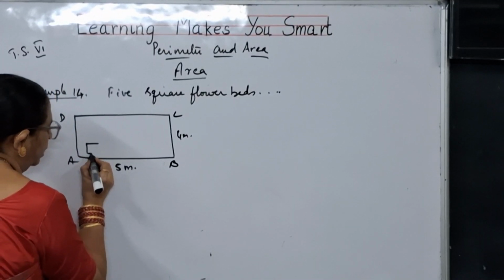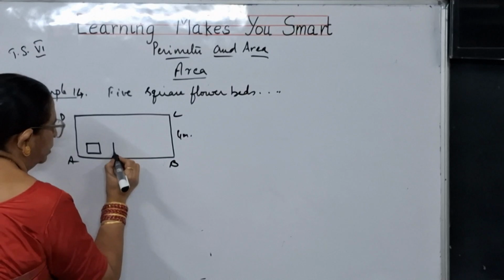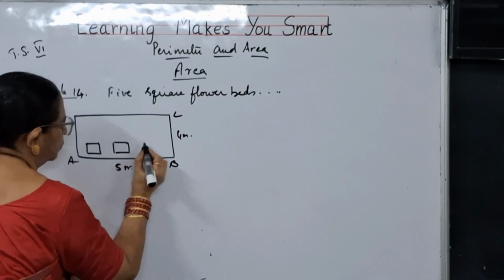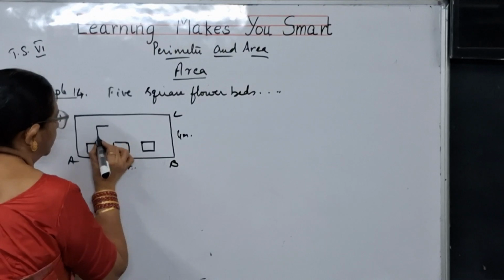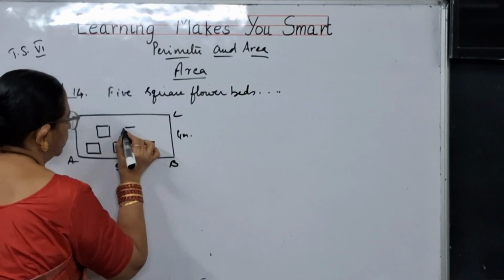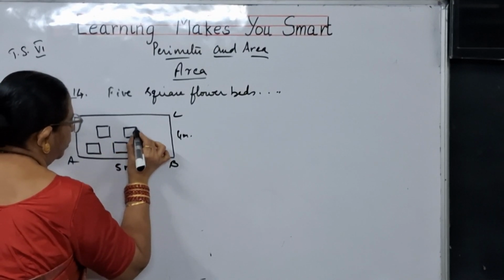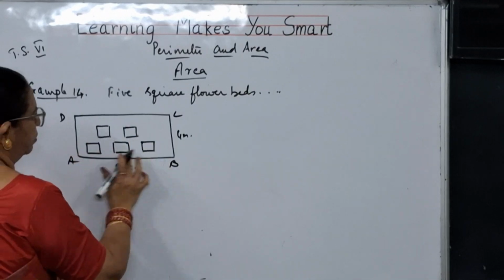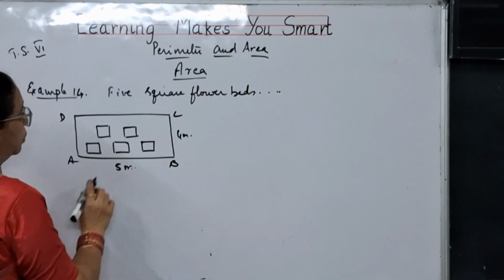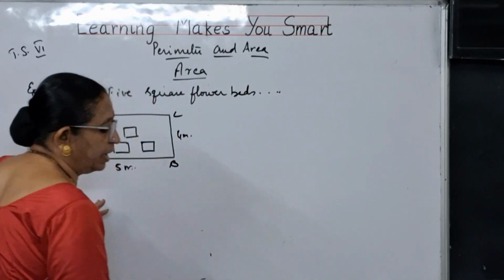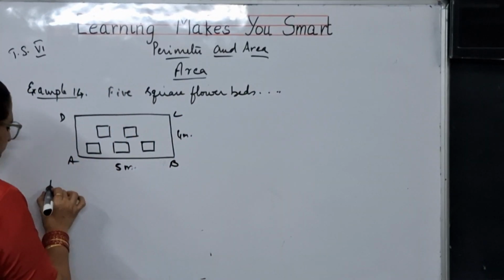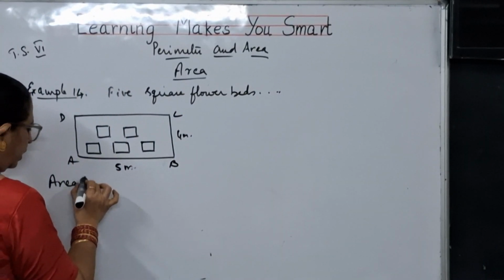In this, there are 5 square flower beds of 1 meter side. That means they have dug like this: 1, 2, 3, 4, 5. 5 square flower beds are drawn. Each one is 1 meter. Then what is the question? What is the area of the remaining part of the land?